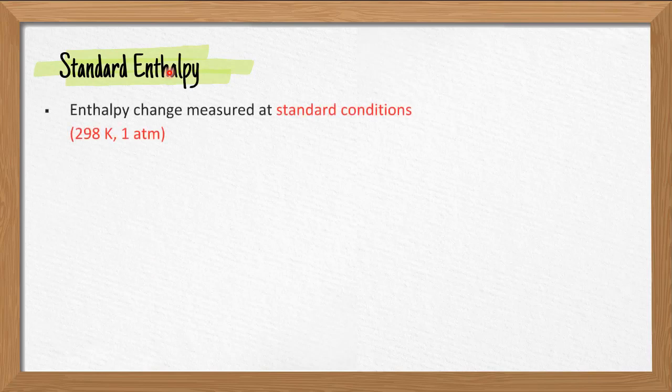Let's look at this standard enthalpy. Standard enthalpy refers to the enthalpy change which we measure at standard conditions, in which the temperature is at 25 degrees Celsius or 298 Kelvin, and the pressure is at 1 atm.